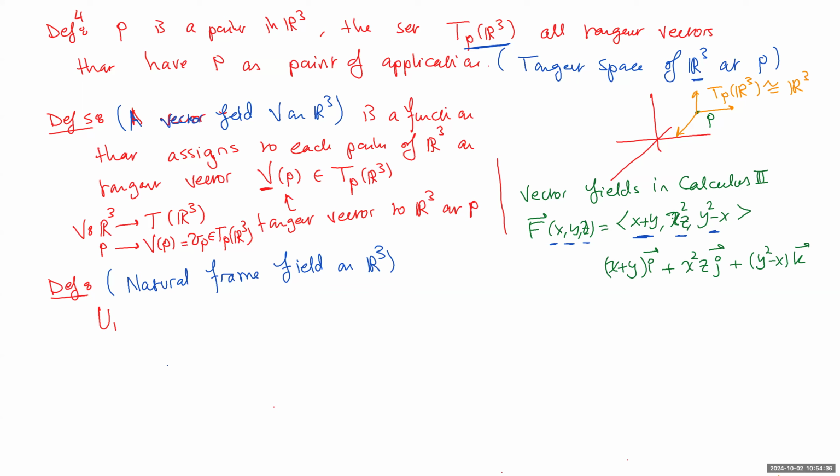So here a natural frame field on R3 is U1, U2, U3 vector fields, so that for P in R3, this P is a point P1, P2, P3.